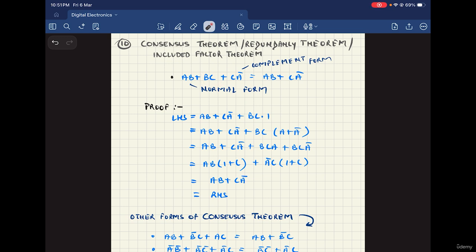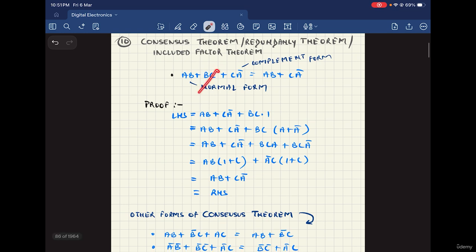How do you know the redundant term? One term will have a normal form and another term will have the complemented form. Here A is in normal form, here A is in complement form. So the third term, having the other literals, can be removed, and it can be written as AB plus C A bar.